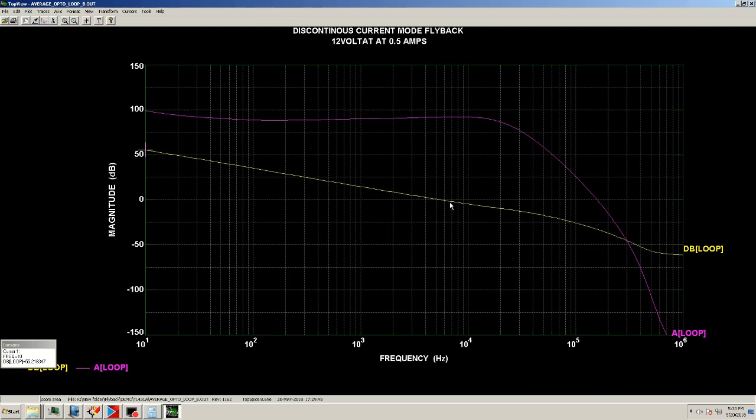Now we're going to see where the amplitude crosses over to 0 dB, which is about 5.7 kilohertz.